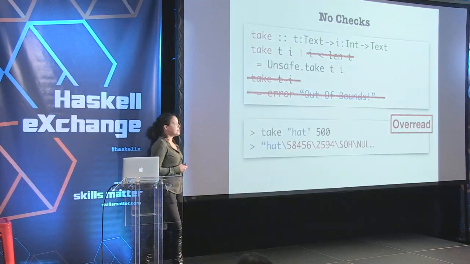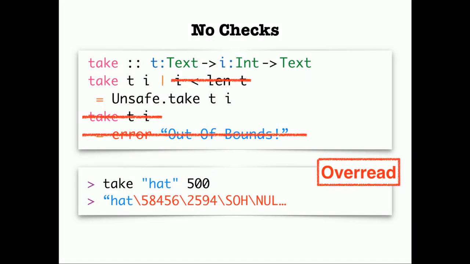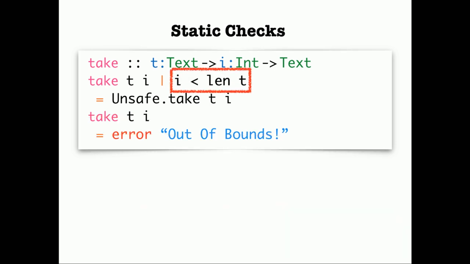So if I remove the runtime checks, and I take 500 characters of the word hat using this unsafe function that is exposed by the unsafe Text Haskell library, then I have basically encoded Heartbleed. I have a buffer overread, and GHCi is going to give you information that you are not supposed to see. So we don't want that, but what we're going to do instead is use static checks.